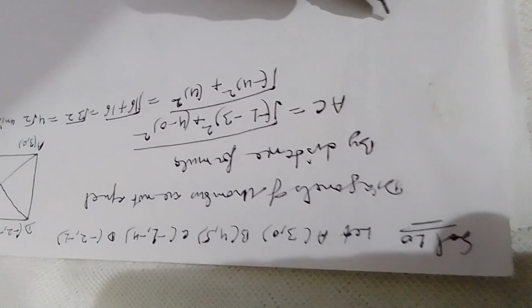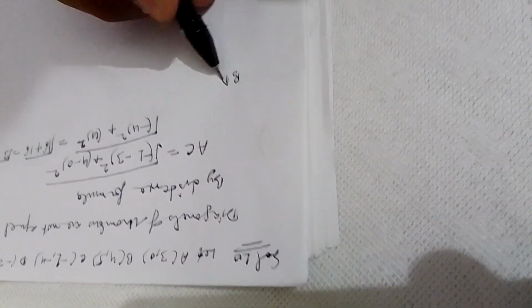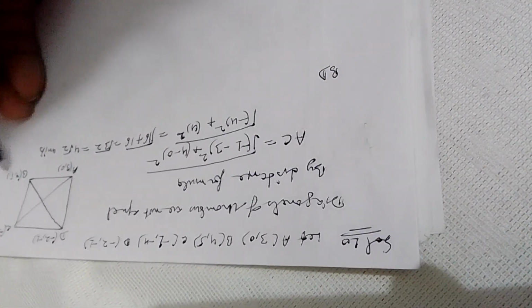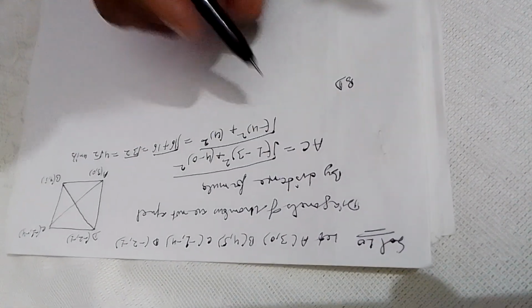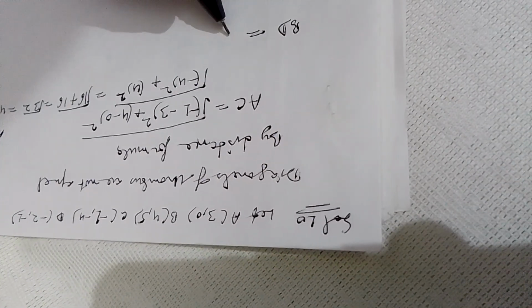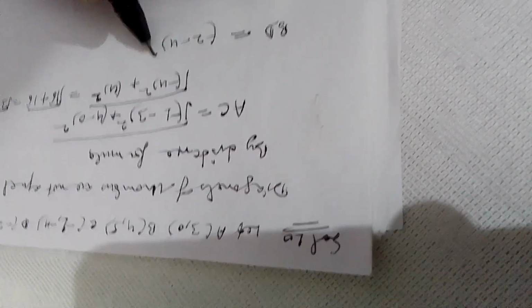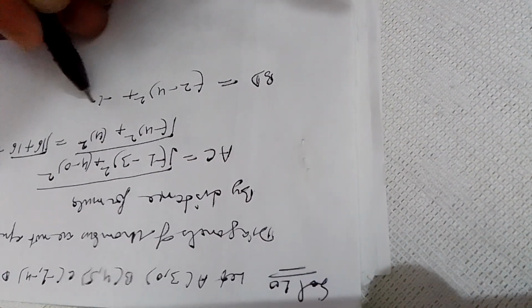Now BD, so x2 y2, x4 y4. So we will calculate this as minus 2 minus 4 square plus minus 1 minus 5 square.